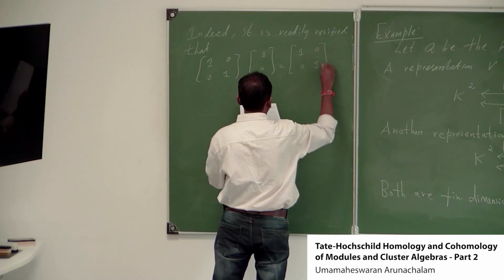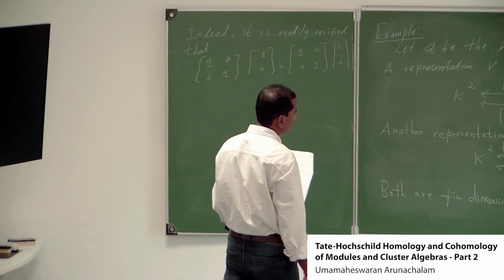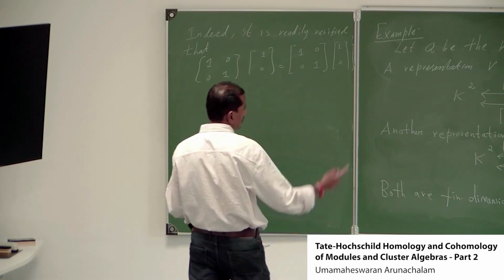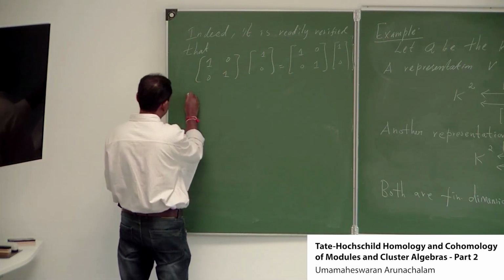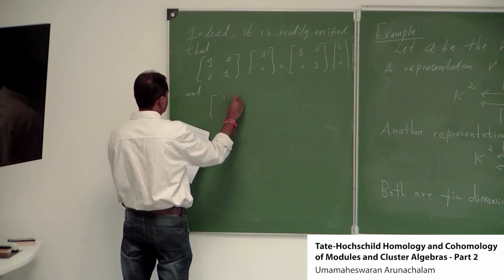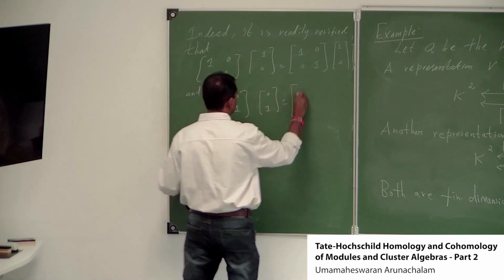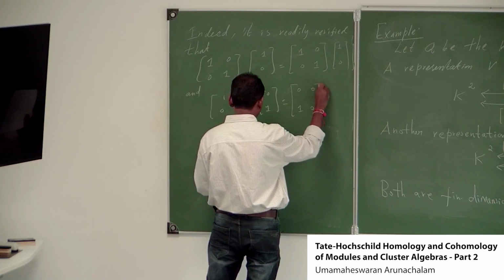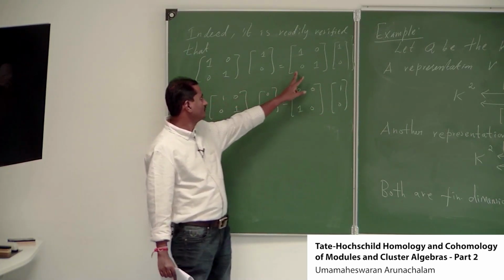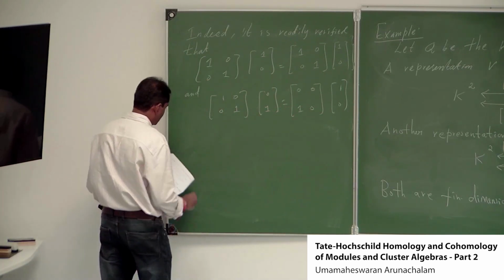So the composition of this one is equal to the composition of this one, and from this diagram we are writing this, and 1 0 0 1 0 1 is 0 0 1 0, 1 0. So the composition of these two equals the composition of this one. Here also the composition of these two equals the composition of these two. So next lemma.